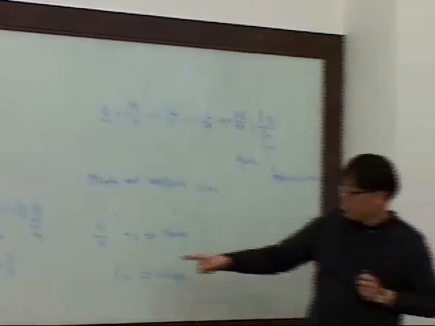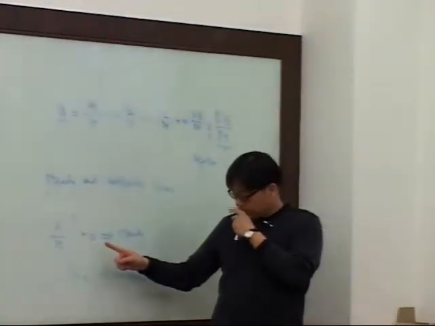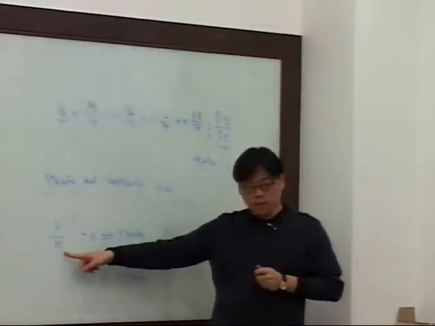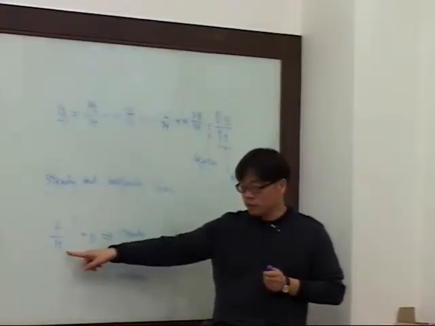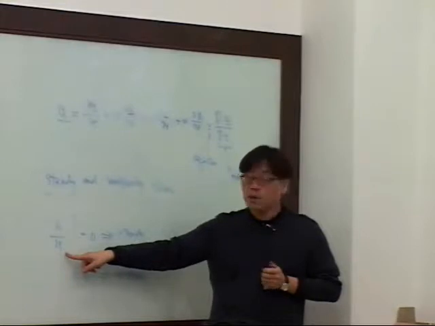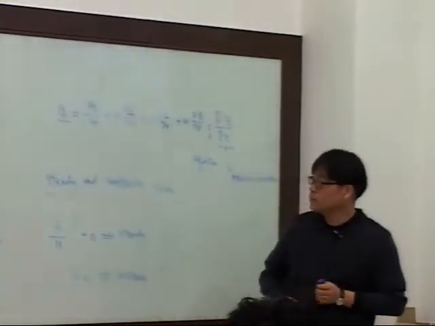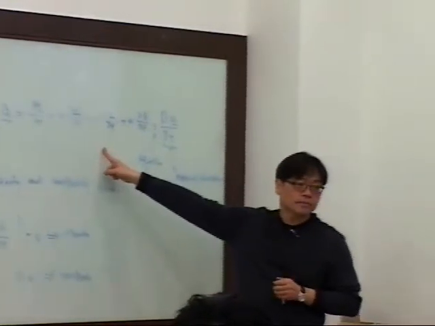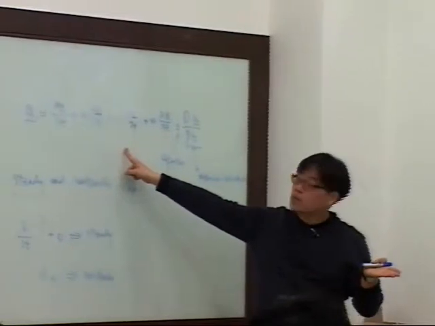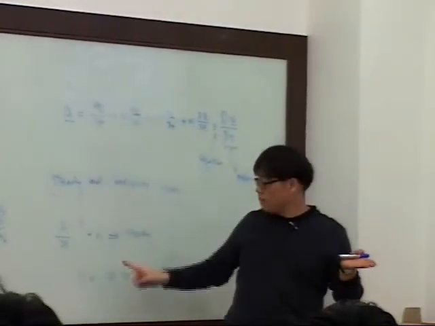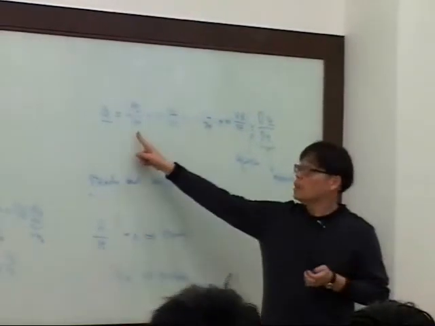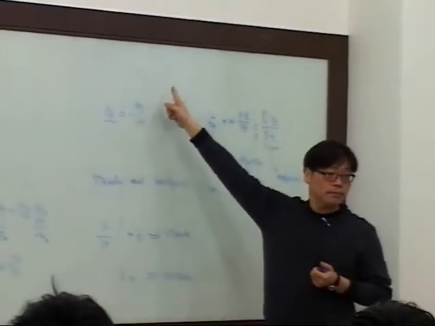But once again, this is a partial time derivative. So let's go back to this. If flow is steady, this term, based on this definition, is 0.